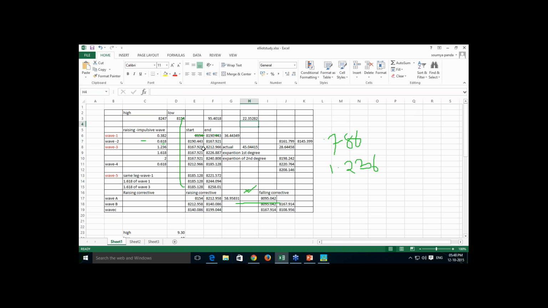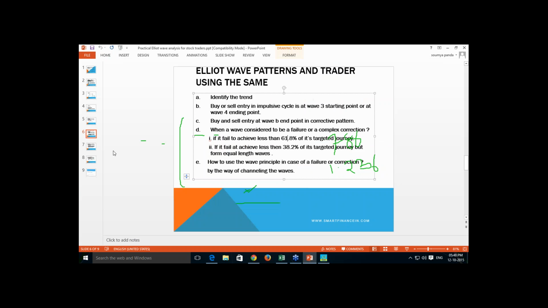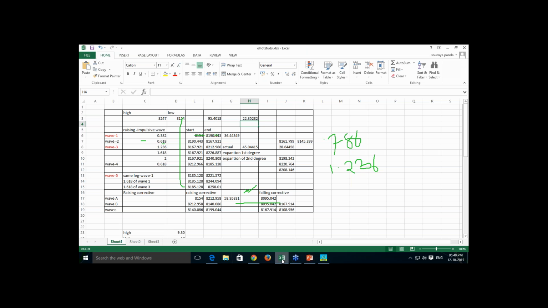The levels calculated by the Elliott wave principle may not give you more success because it may invite a complex correction or it may invite a failure. Failure means you have calculated one wave will give you 10 points, maybe it is wave 1, 2, 3, A, B, C, anything, but only 60% of that target has been achieved.